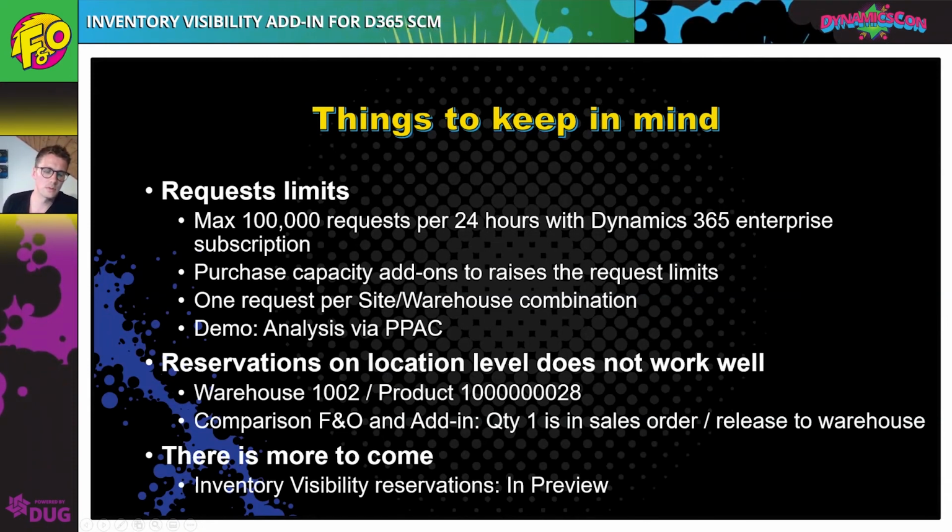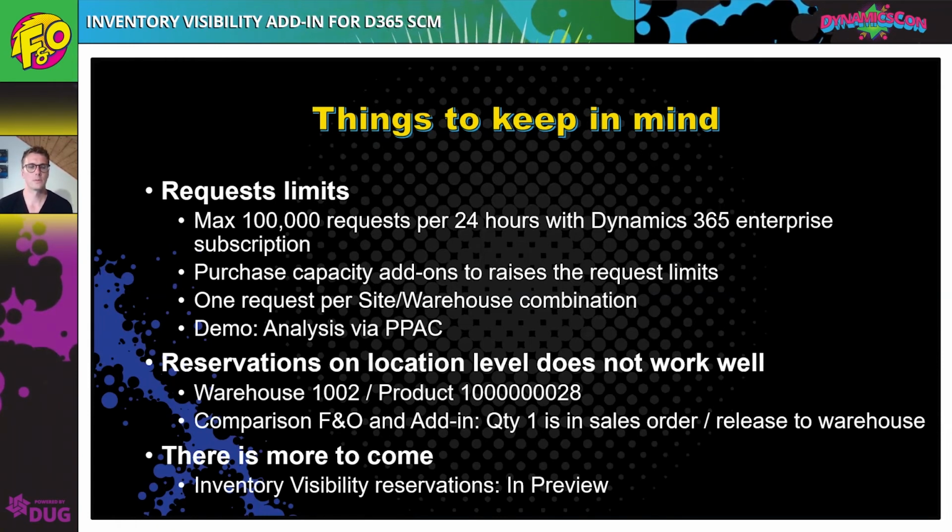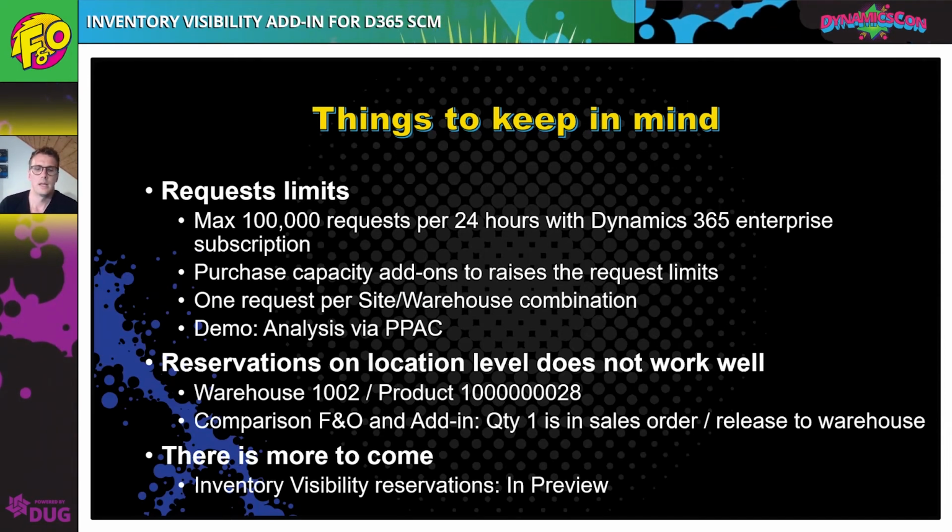So if you use WHS, so the warehouse management, then you will see problems with the current implementation of the add-in. The current version of the add-in is already GA, so generally available. If you have, for example, quantity 1 in a sales order, then you see this quantity 1 also in the add-in.